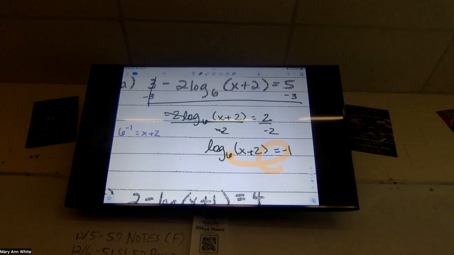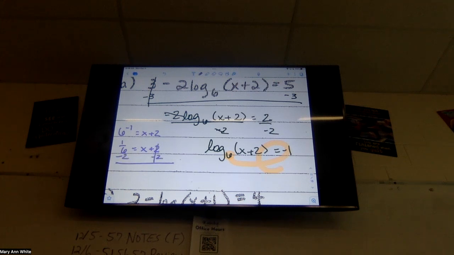Okay. Now you can do this a couple different ways. If you want to use your calculator, you can. I'll kind of push through for the fractions and then I'll move it to decimal. 6 raised to the -1st is the same thing as what? 1/6. And then how do I get that x by itself? -2.